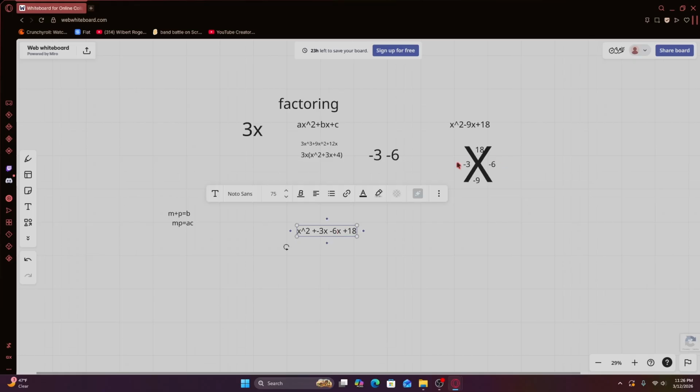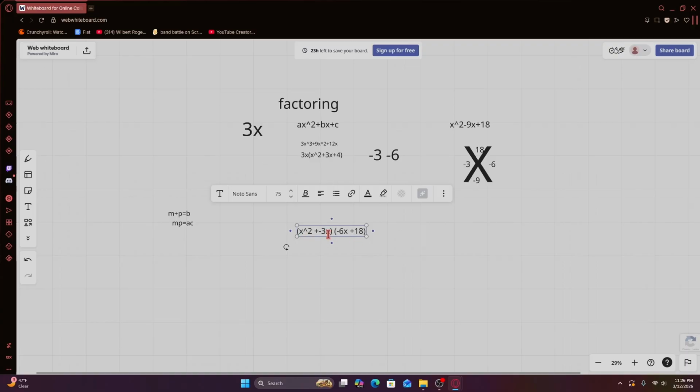So with our semi-factorized equation, we can factor by grouping. It's for polynomials of 4 terms, or at least 4 terms, because you can do this with more than 4 terms.